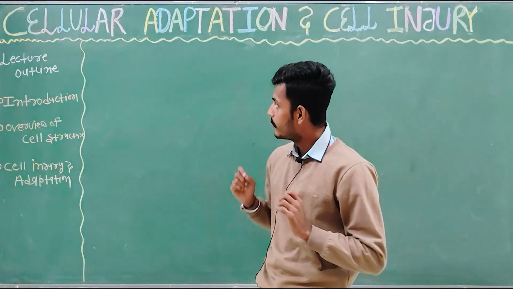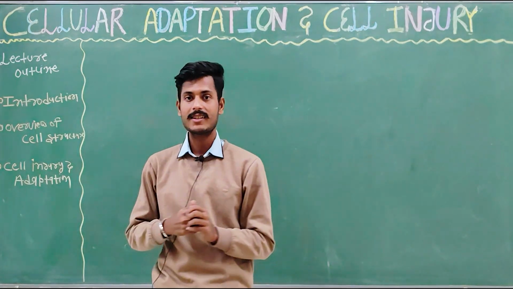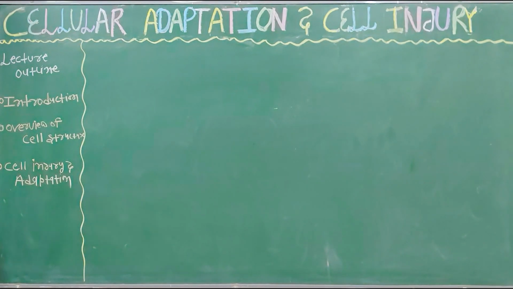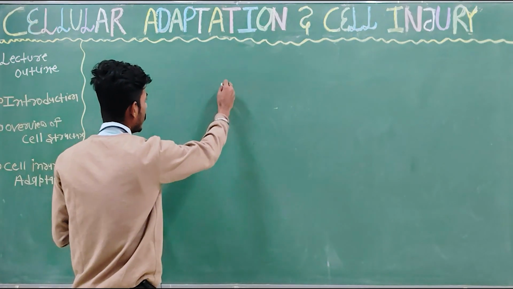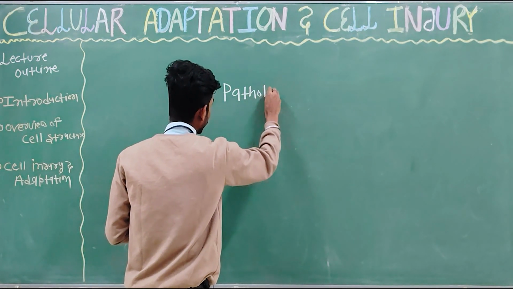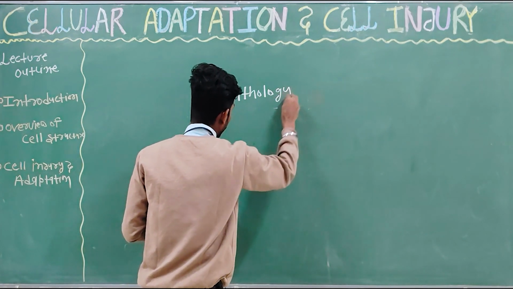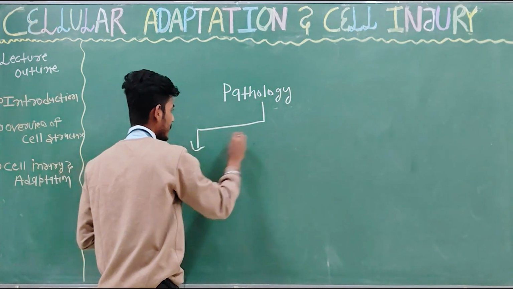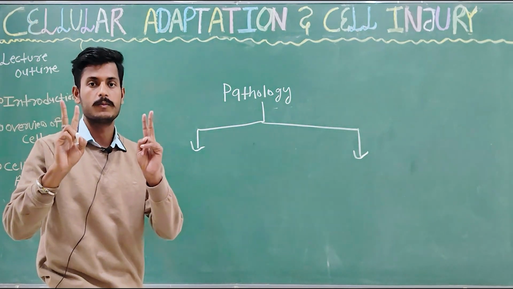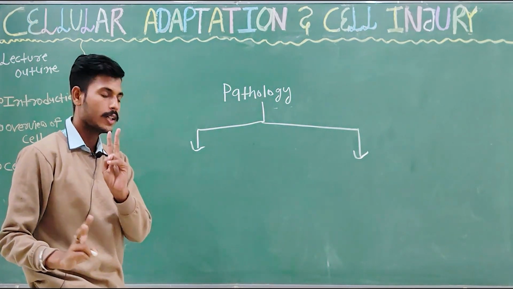Before moving into the detail of today's lecture, I'm just going to briefly introduce two things you have to keep in mind. For the study of pathology, we generally divide pathology into two subfields.